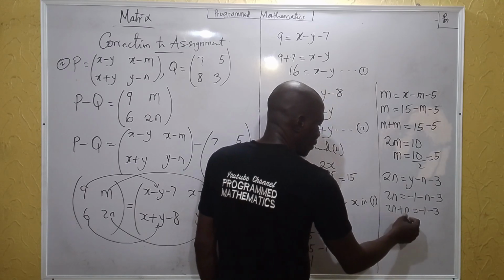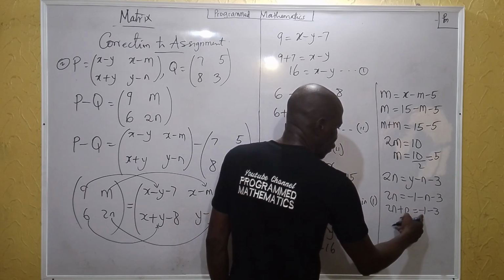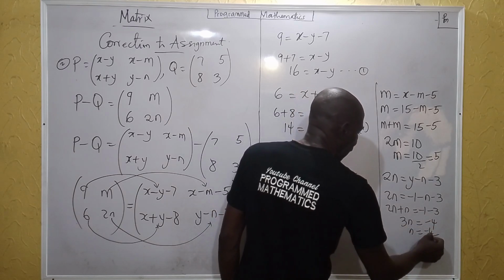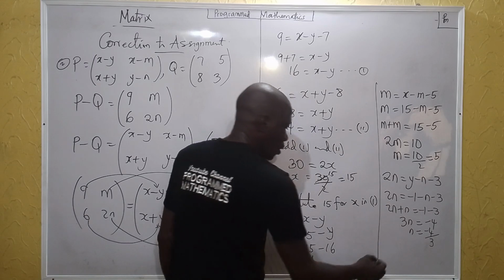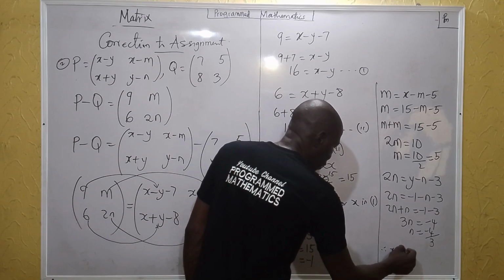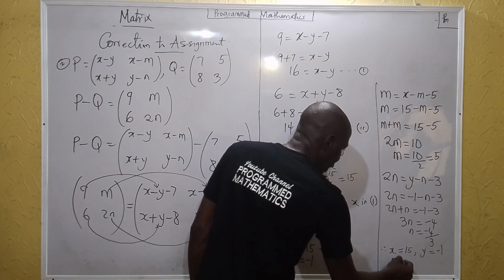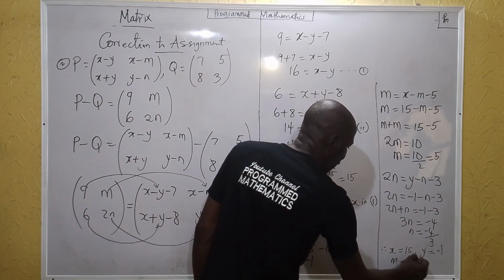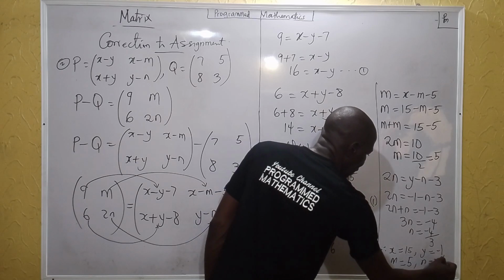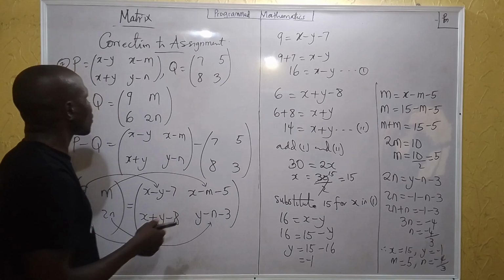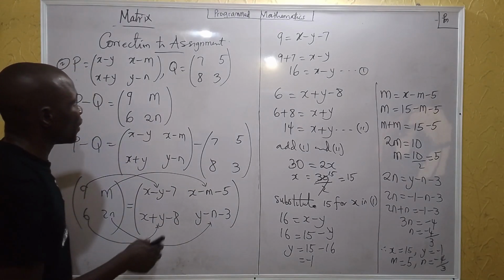So 2n plus n is 3n. Minus 1 minus 3 is minus 4. So n equals minus 4 over 3. So we can conclude that x equals 15, y equals minus 1, m equals 5, and n is minus 4 over 3. So that is the solution to the assignment.